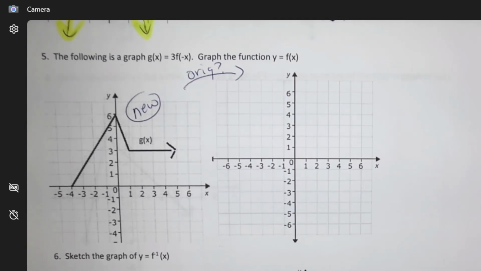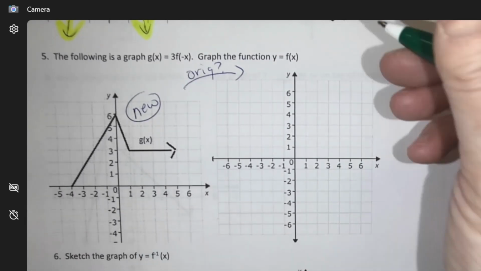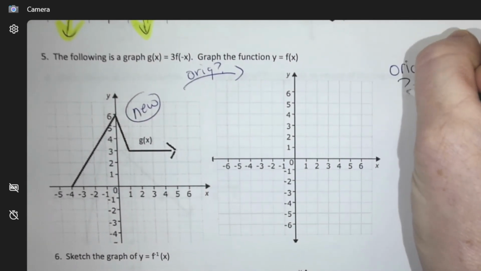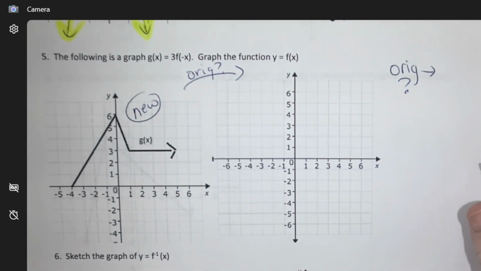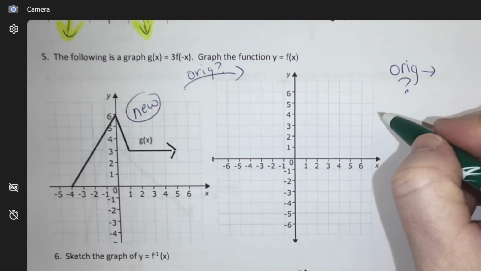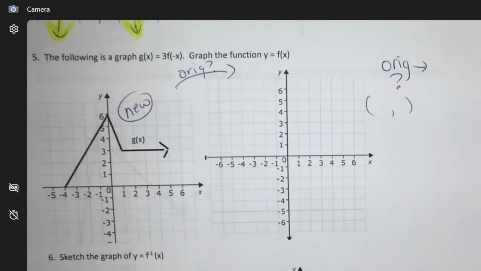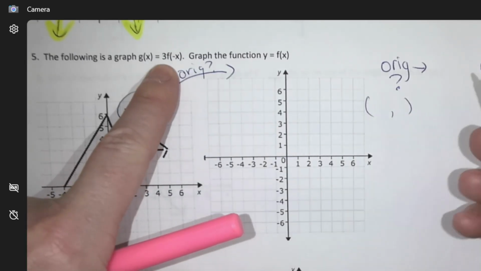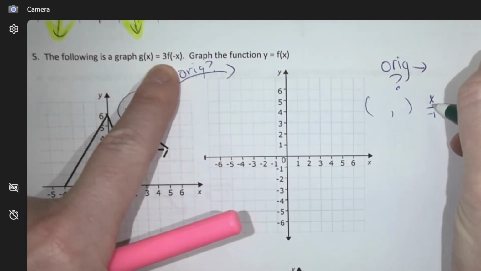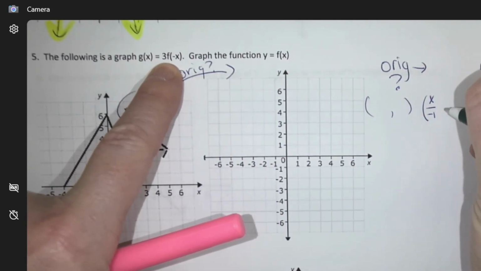We have to actually figure out what the original was because it ended like this. Okay, so we took a coordinate, we did stuff to it, and then we ended up at another coordinate. Would you be okay if I wrote down x divided by -1 and 3y?